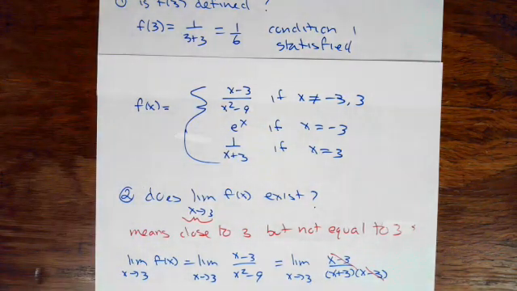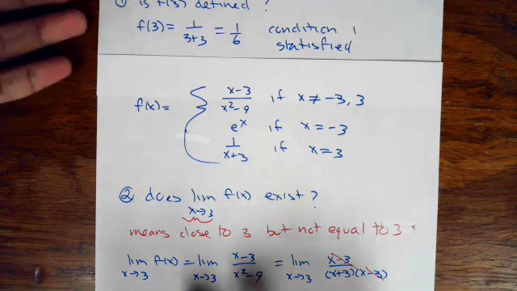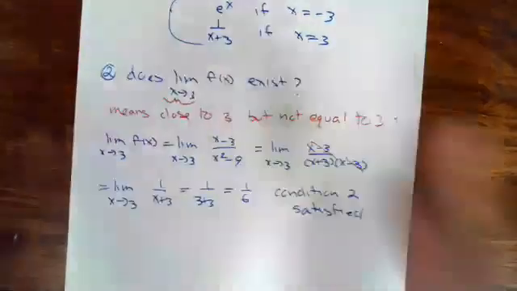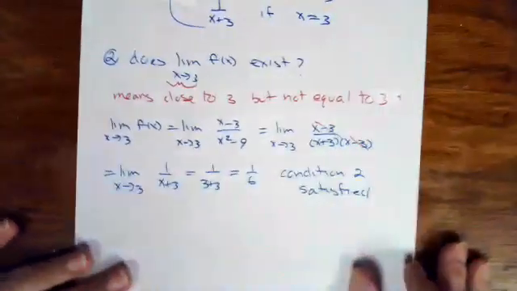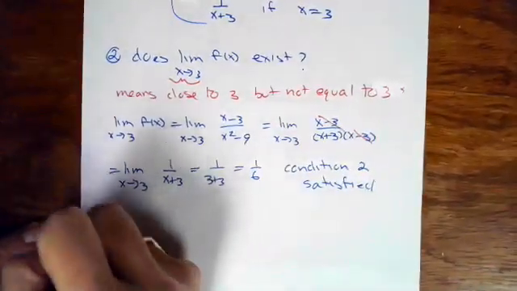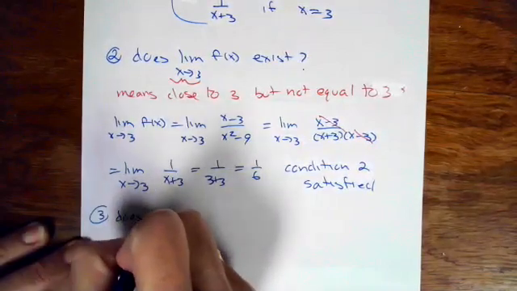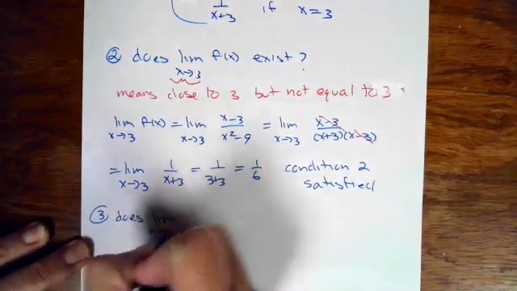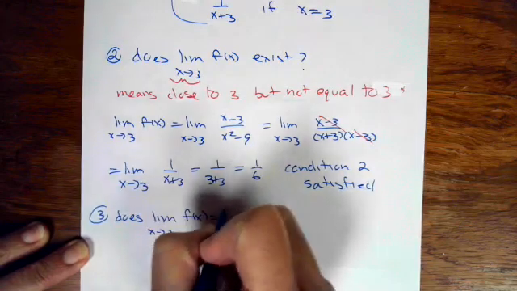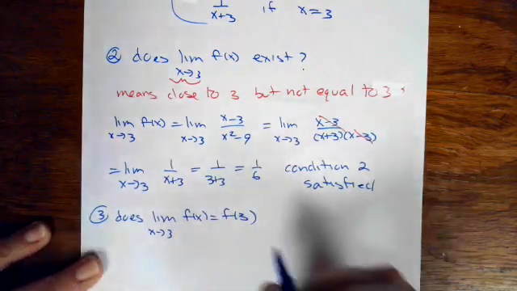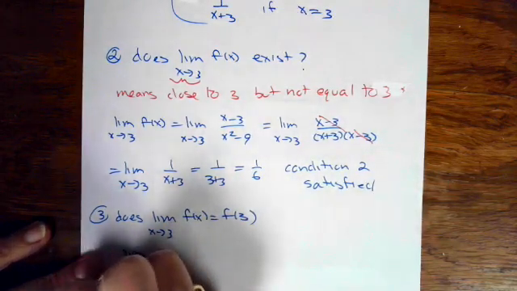So condition 2 is satisfied. Condition 2 is I just want to find a limit. Got it, got a limit. So now I move on to condition 3, which is, does the limit as x goes to 3 of f of x equal f of 3? And indeed, that's a big yes.